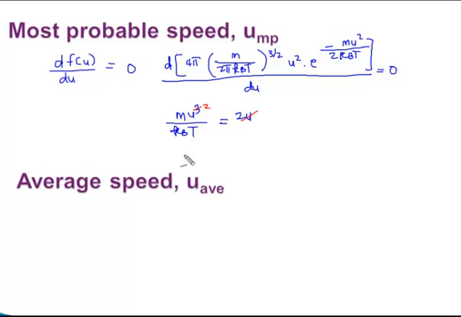Finally we have u, the speed, which is equivalent to the square root of 2 kbT divided by m. This now represents the most probable speed that we have.